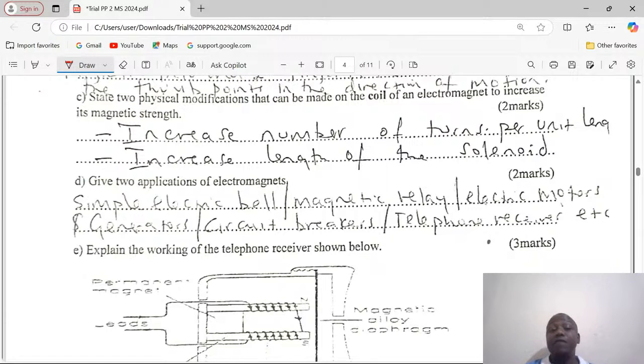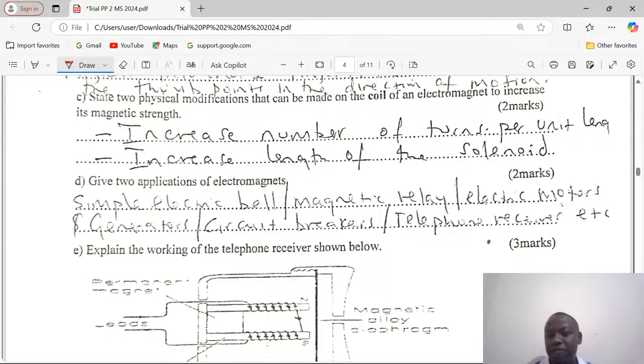Even in Form 2 Topic 1, where we talk of magnetism, one of the ways of magnetizing a material is through electricity, because allowing current to pass through a conductor causes magnetism.